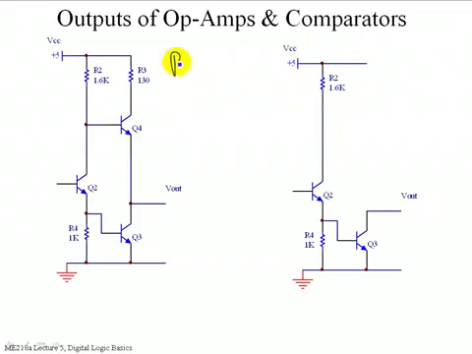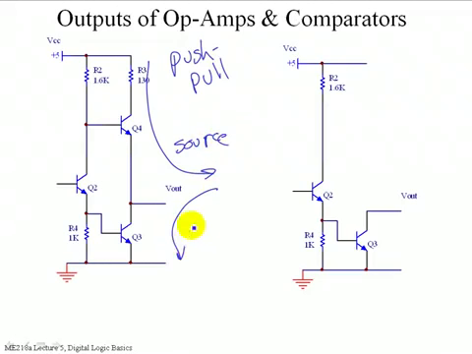Op-amps have this style of output, which is called push-pull. And it's push-pull because you can both source current, that's the push part, and you can sink current, that's the pull part.